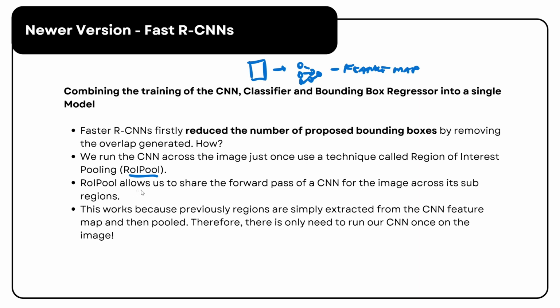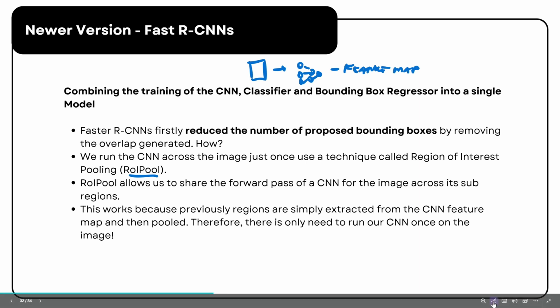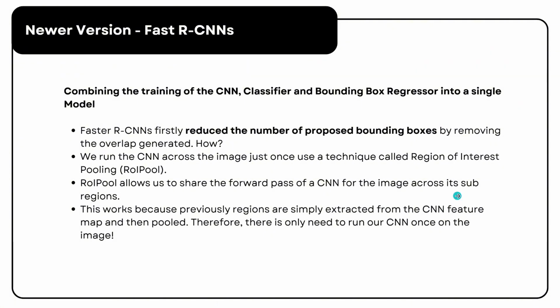ROI pooling essentially crops the region from the feature map and resizes it into a fixed shape so that it can be fed into the next layer for classification and also the bounding box regression. Okay? We will tackle this in the next slide, so that we could visually understand how Fast RCNN works.